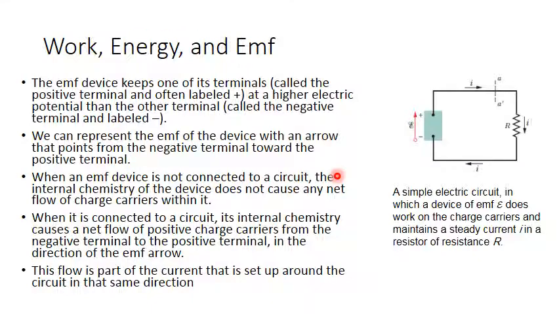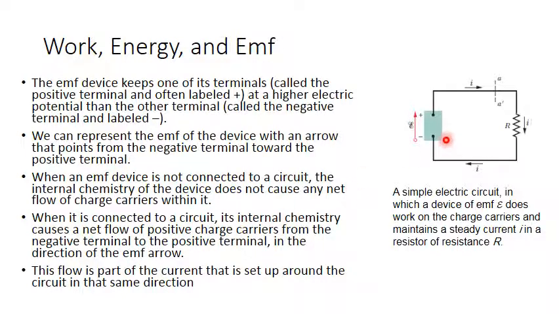Now, if I connect this EMF device to a resistor through wires, so when it is connected to a circuit, its internal chemistry causes a net flow of positive charge carriers from the negative terminal to the positive terminal of the EMF.